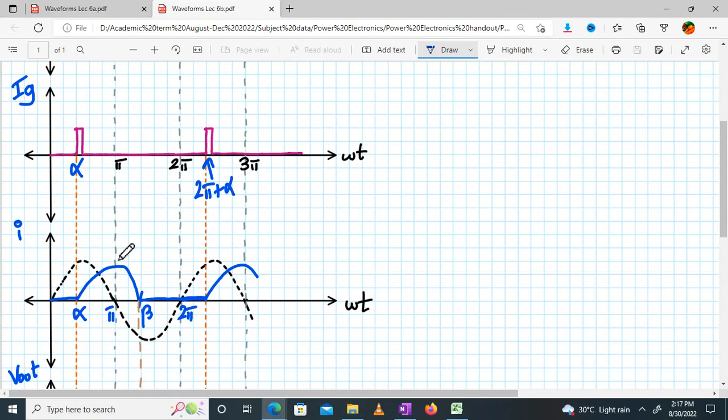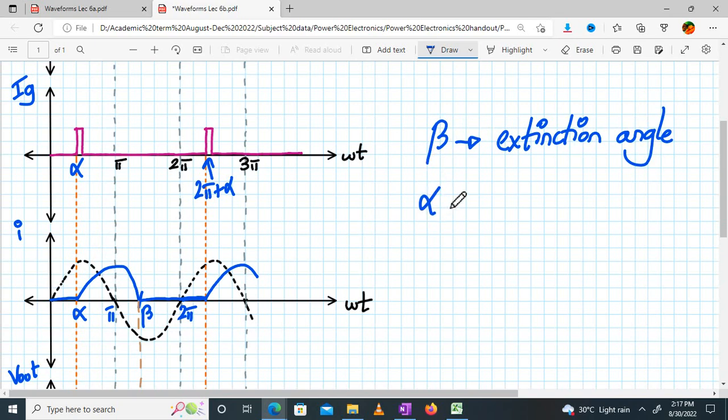This dotted line is my V in, the reference V in. And what is alpha called as? Alpha is the delay angle or firing angle or triggering angle.